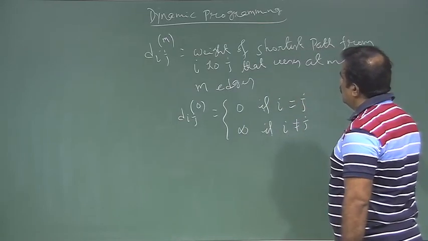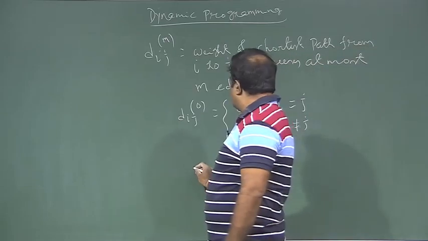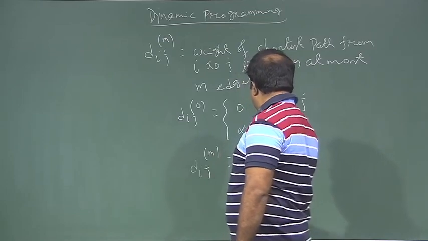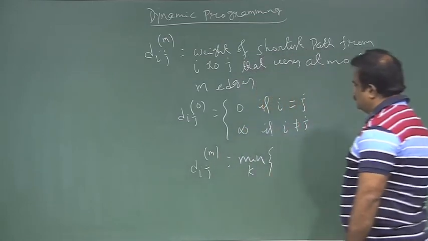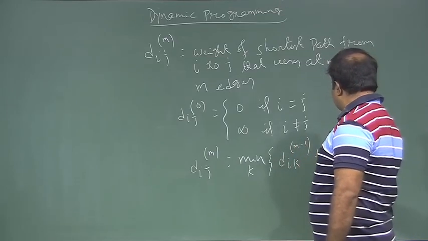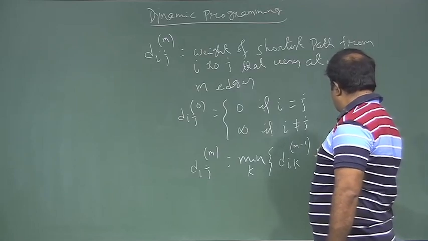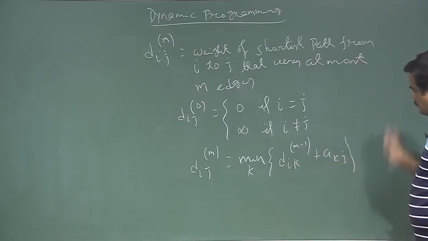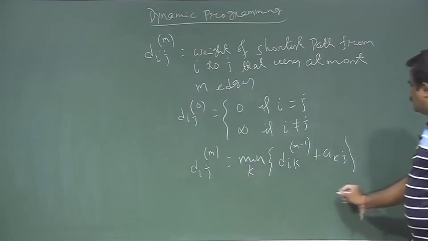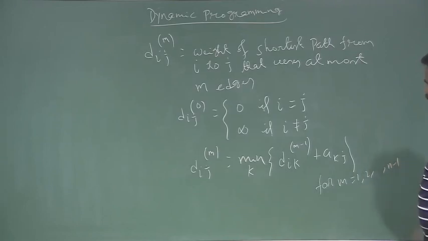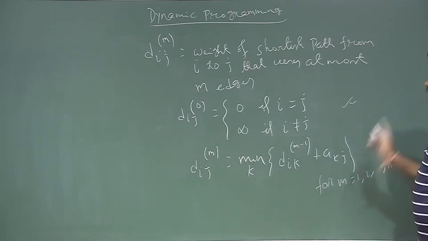And we have seen that Dij^m is the minimum among all k of Dik^(m-1) plus Akj, where k is varying from 1 to n. This is for all m from 1 up to n minus 1, and for m equal to 0, this is the expression. So this result we proved in the last class.